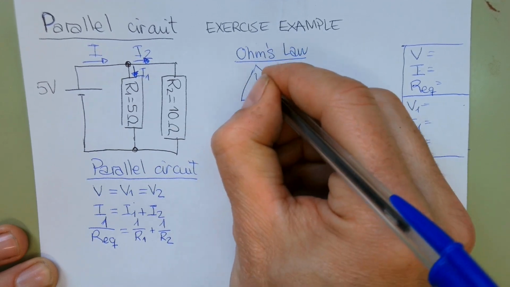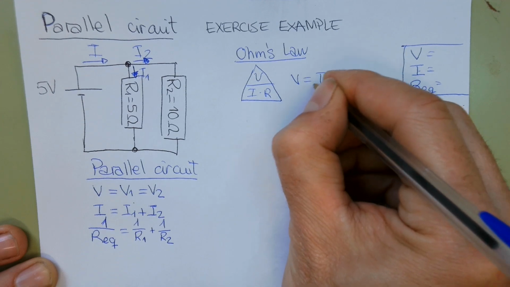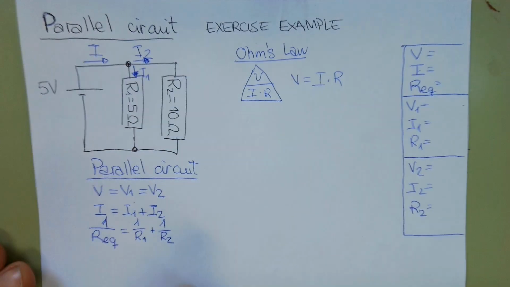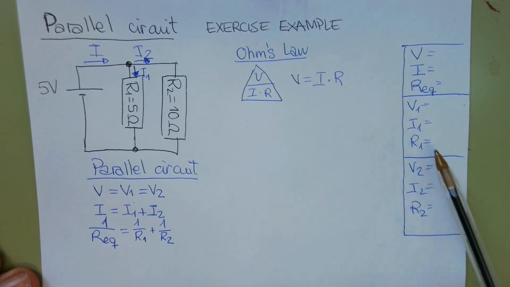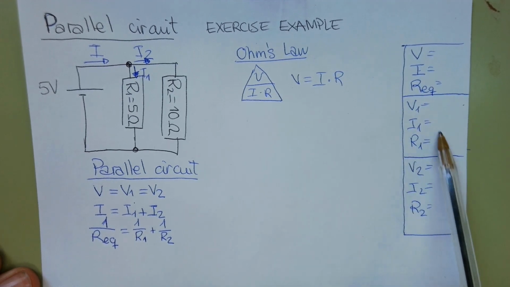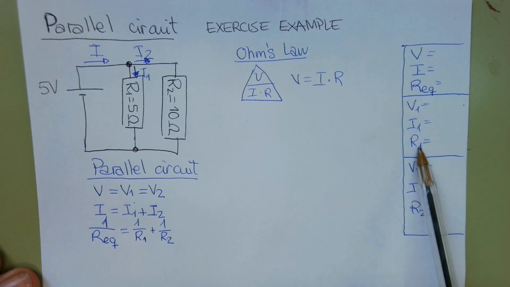Remember that Ohm's law is this triangle, but the equation is voltage is equal to current multiplied by resistance. If you know 2 out of 3, you can work out the third one. If I have the data that I already know here, and I know 2 out of 3 in whichever of the squares, I can work out the third magnitude.